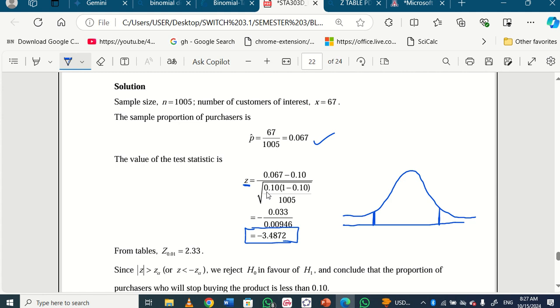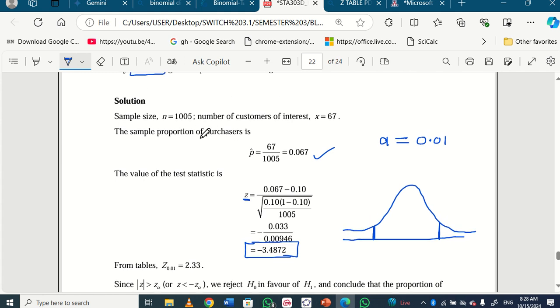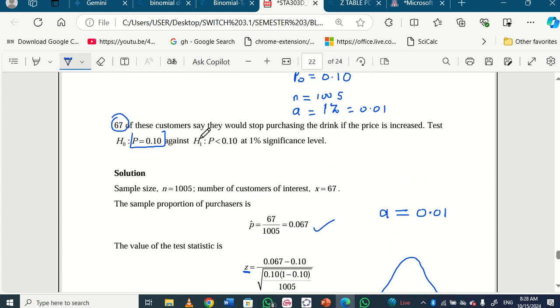Remember that the alpha size, or the significant level given, was 0.01. That's my significant level. Let's take note of that. Then also looking at the question, you realize that the alternative hypothesis is P is less than 0.10.